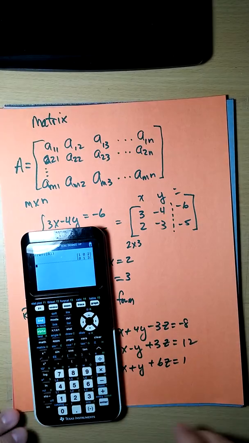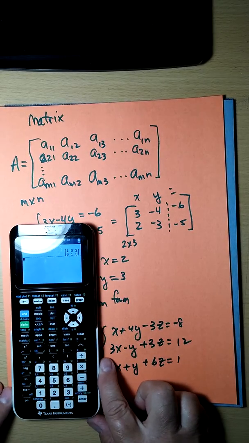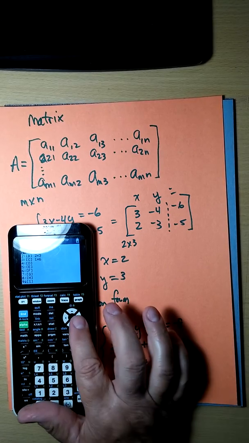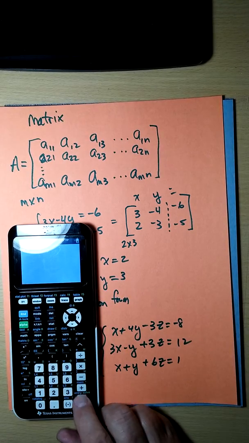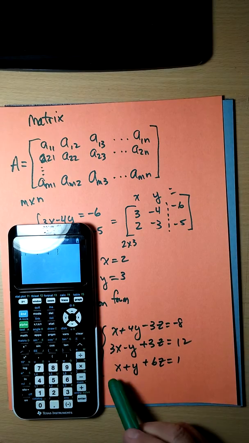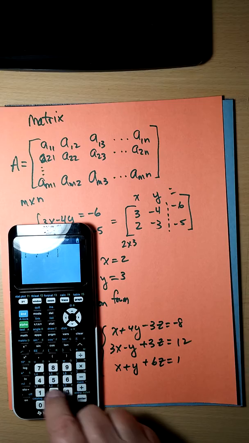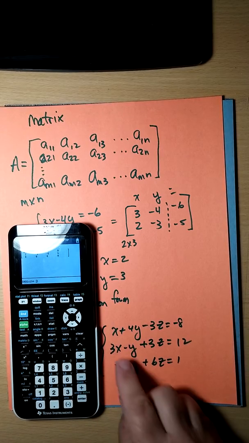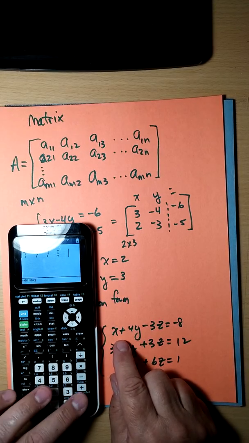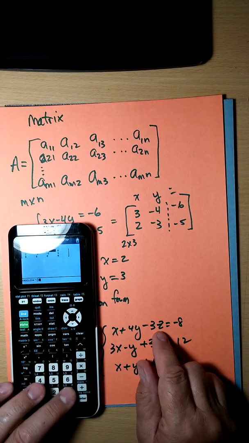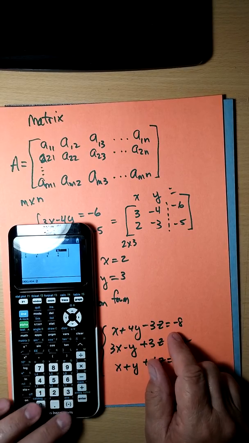So we're going to put this in a matrix. Second matrix. We're going to go and edit. Might as well use A again. But now this is going to be 3 rows and 4 columns. A 3 by 4 matrix. It's going to have a 1, a 4, a negative 3, and a negative 8.